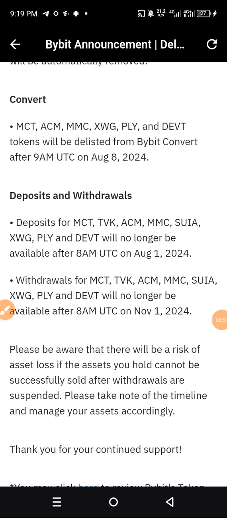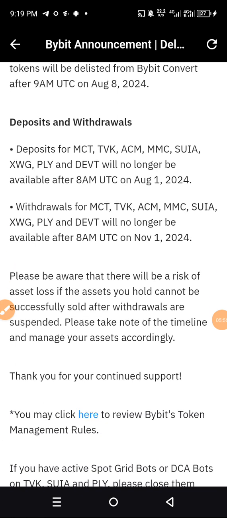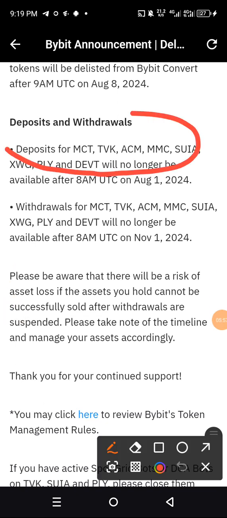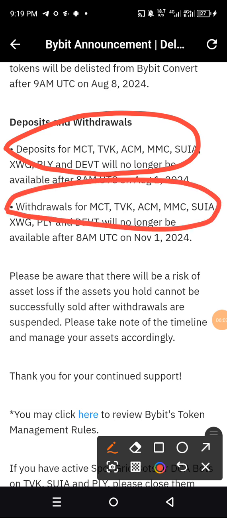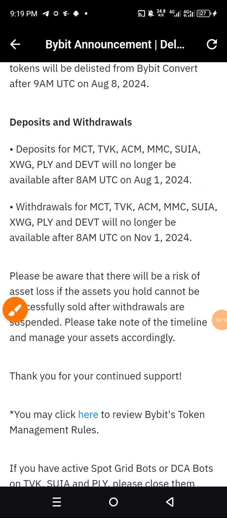As it was said here, deposit will not be available for those coins. Withdrawal also will no longer be available for those coins, that is after 9 a.m. UTC on November 1st.